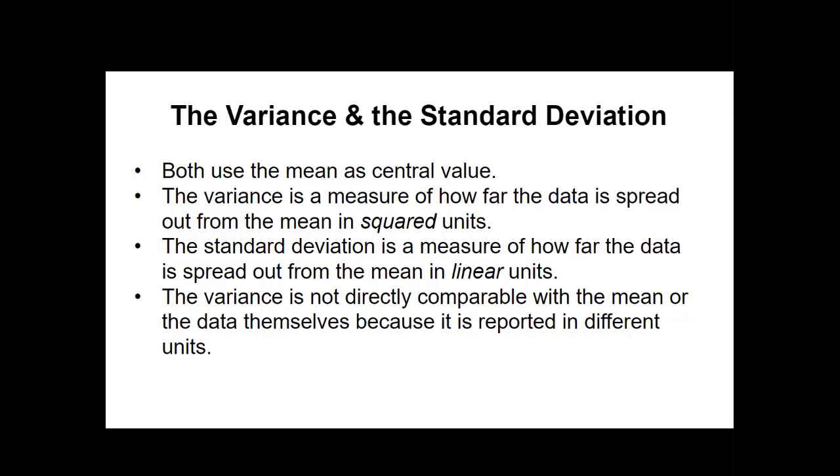So when we're talking about our mean and our data, we are typically describing those in terms of length, how far one piece of data is away from the mean. So using variance is difficult because we would be comparing area to length, whereas standard deviation, because it's already in linear units, we would be describing length to length. It makes the comparison much easier when you're working with standard deviation versus variance.